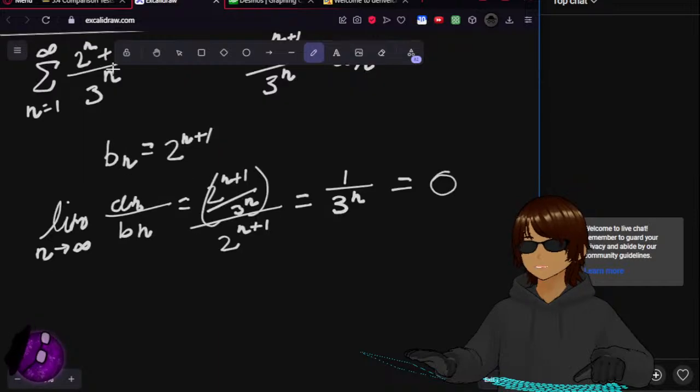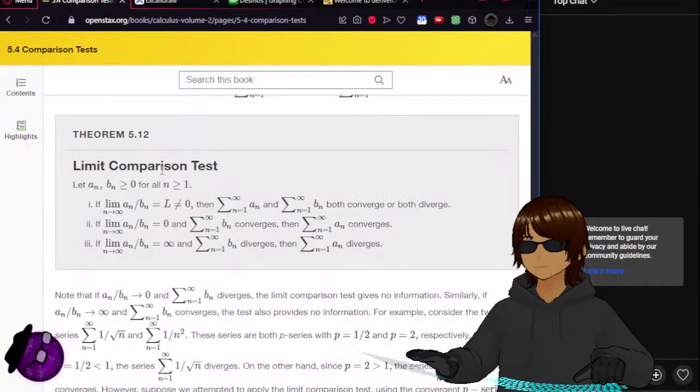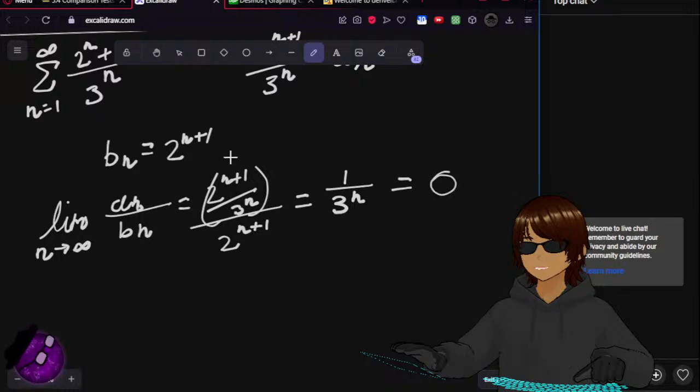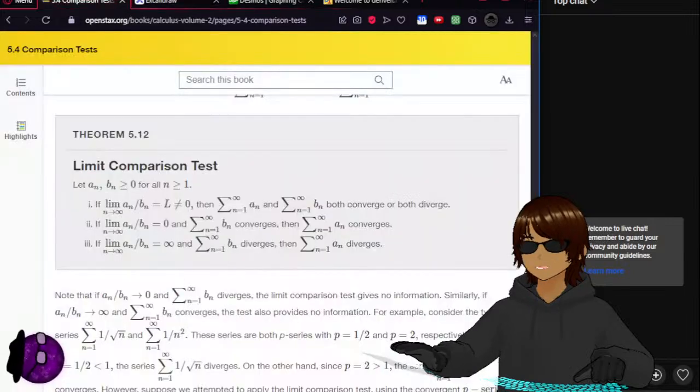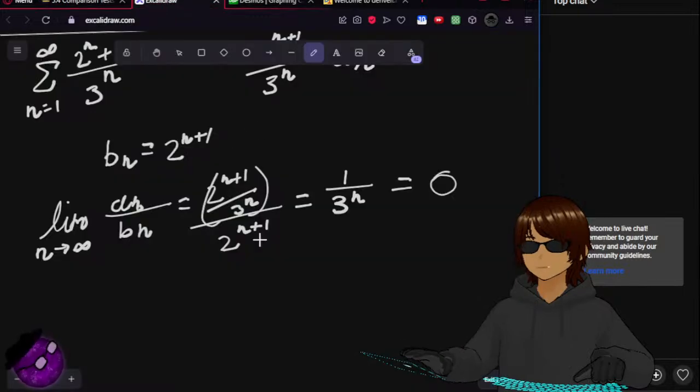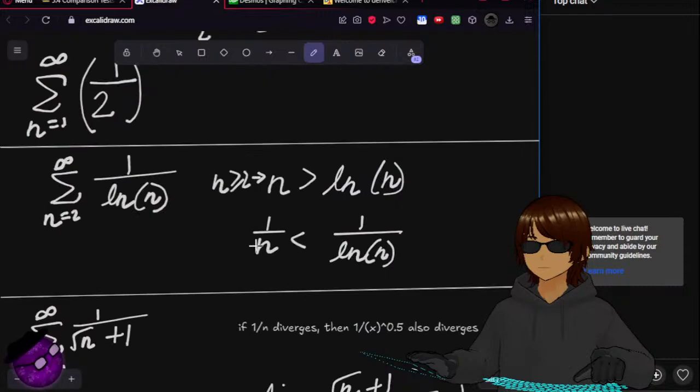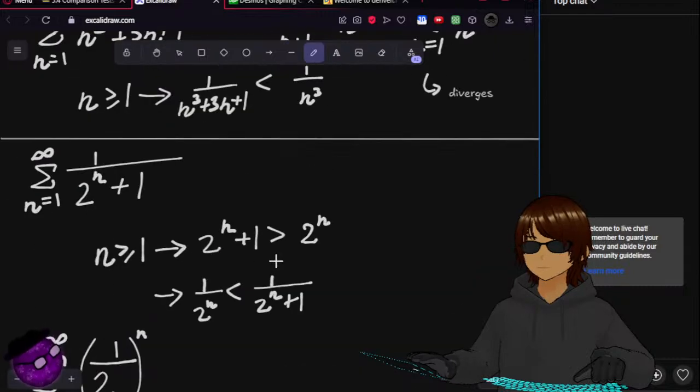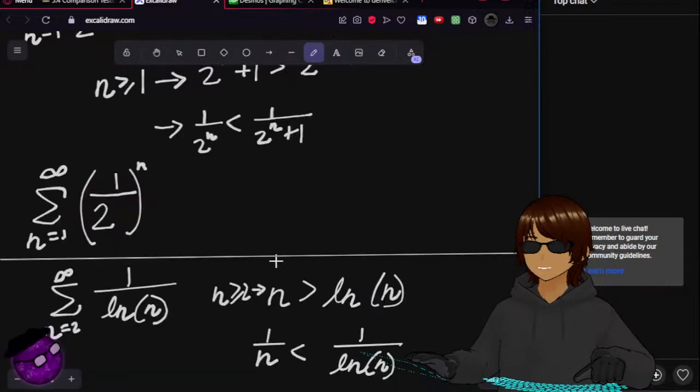So then if bn converges, then an converges, right? It cannot diverge if bn converges. But we already did this, right? No, that was different.